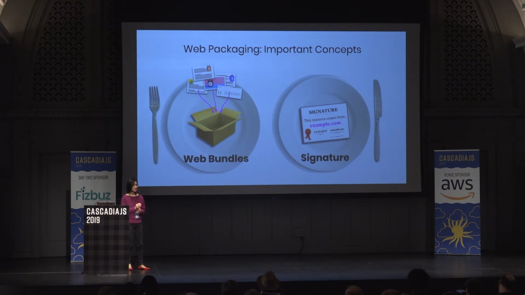But when a user gets a package like a web bundle, it's important that the user can verify where it's coming from. Otherwise, it's just a bunch of resources, and the user cannot feel safe to browse it. So web packaging also offers a mechanism called a signature, so that the browsers and the users can actually verify where it's coming from.